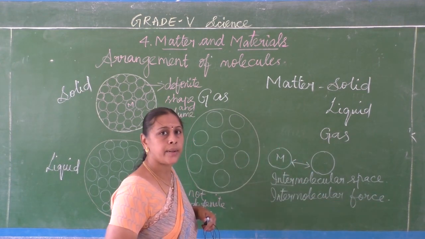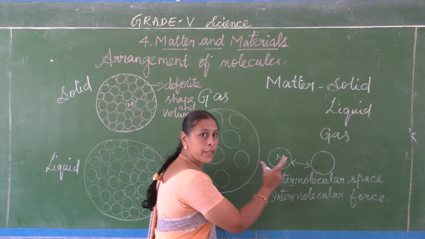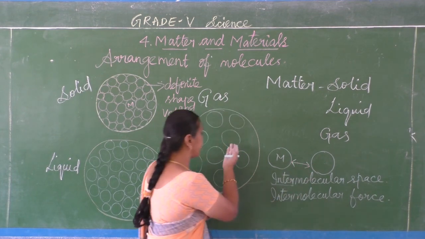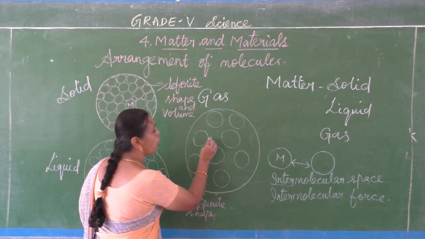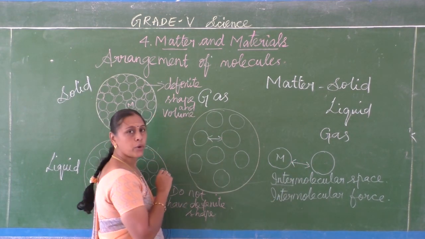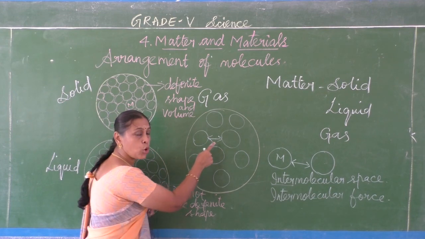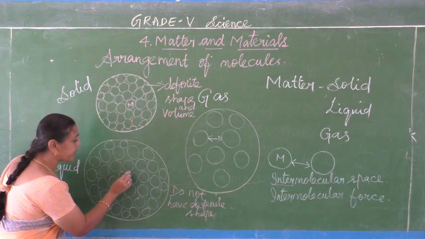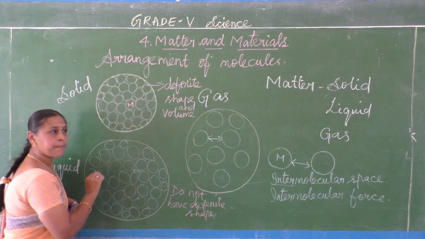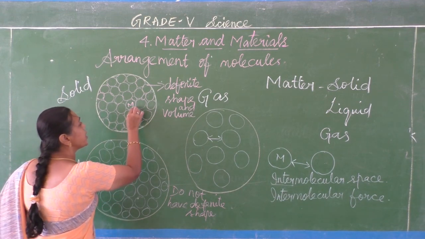Do you understand? Between two molecules there will be space. See, in gas particles the intermolecular space is more. In case of liquid, intermolecular space is less. And in solid, almost no intermolecular space.